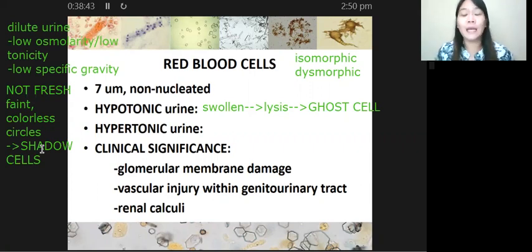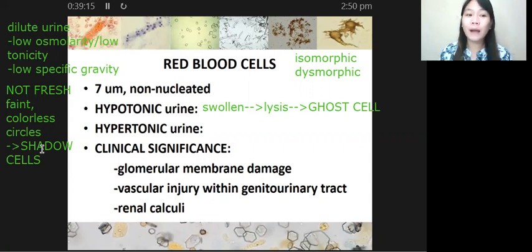So ibig sabihin class, magkaiba ang ghost cell at saka ang shadow cell. So kung kunwari ang natanggap mo sa laboratory ay dilute urine, urine with a low specific gravity or hypotonic urine, okay, at nakakita ka ng red blood cells na ang naiwan lang ay yung cell membrane, okay, ang tawag mo sa kanya ay ghost cell. Okay?